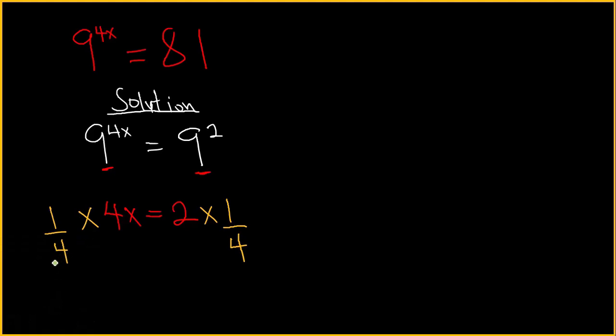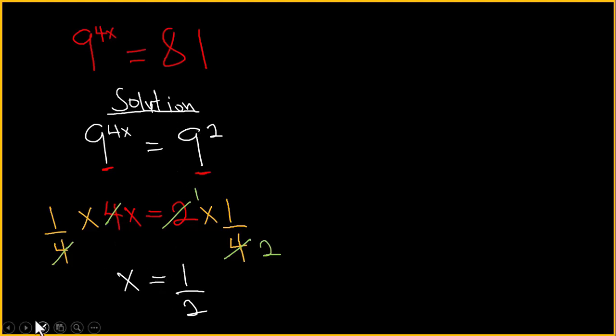Now 4 into itself gives 1, and 2 into 1 on 4 gives 2 on 4, so our value of x is equal to 1 on 2. This is our value of x from this equation.